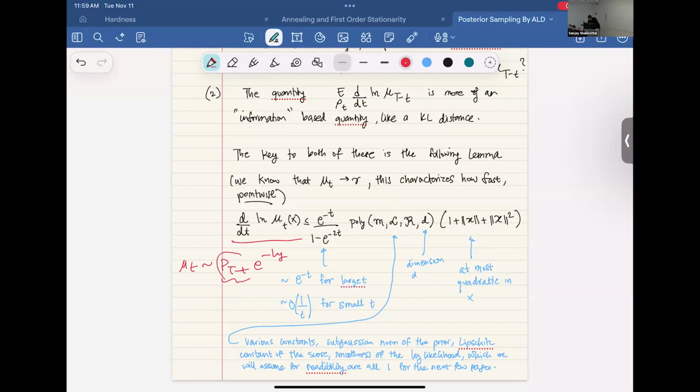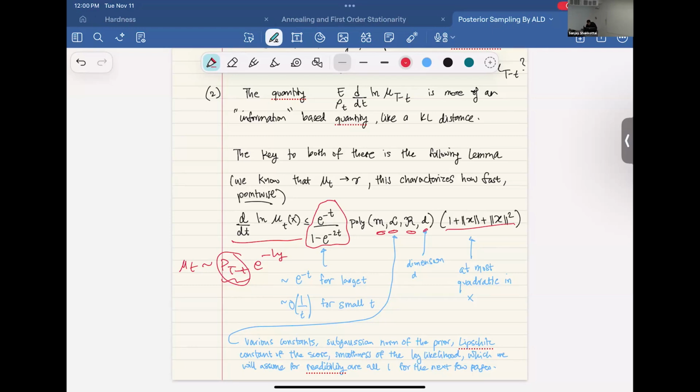There's enough regularity in pt that the derivative of mu t is bounded by this term, e to the negative t times 1 minus e to the negative 2t, times some constant. I'm going to call this a constant that is a polynomial in the sub-Gaussianity, the Lipschitzness, the smoothness of the reward, and the dimension, times a quadratic in x. So it's at most quadratic in this.